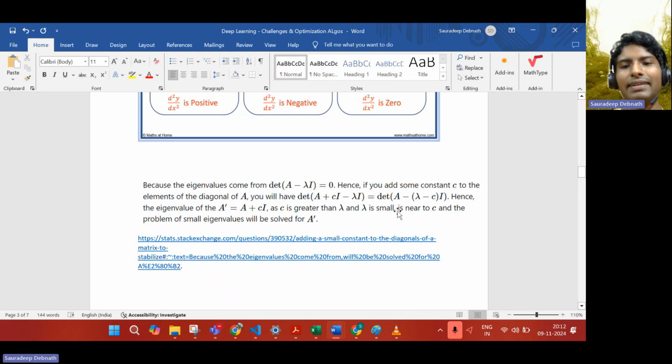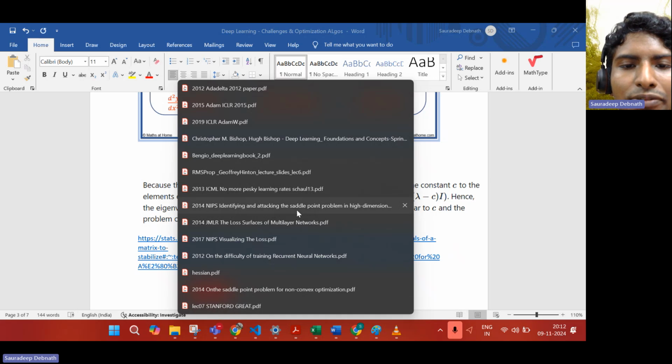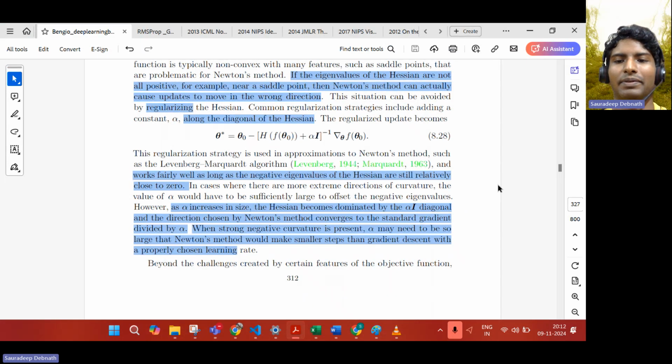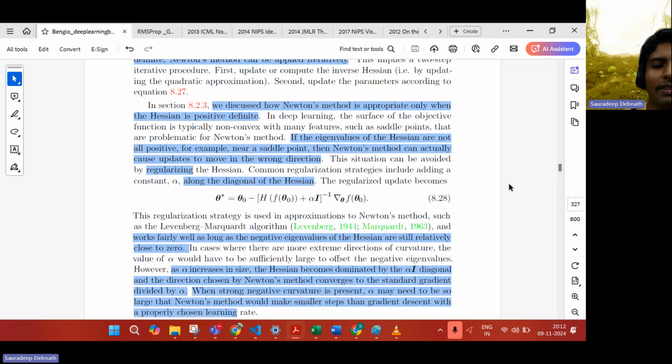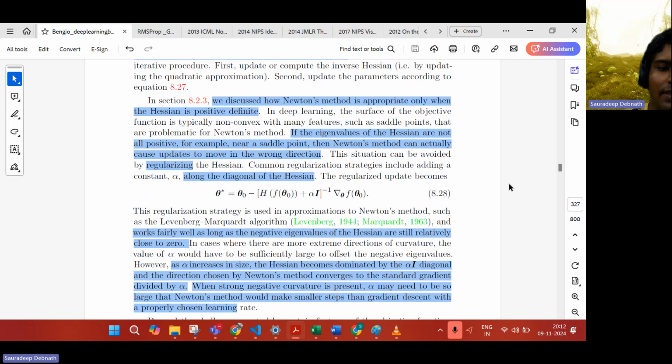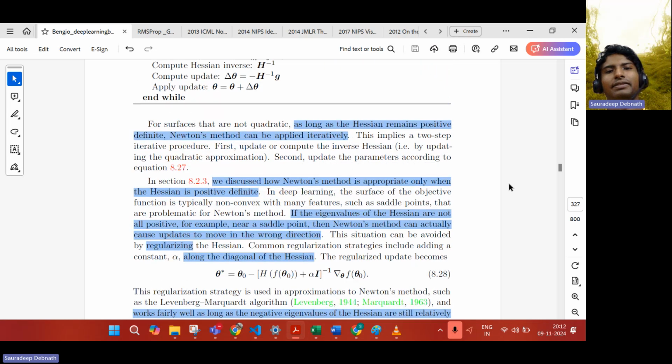Now, if we add a diagonal matrix to the original matrix, it becomes A plus cI minus lambda I. As a result, the eigenvalues are greater. So by adding this identity to Newton's method, Newton's method can work even in case of saddle points, as long as the negative eigenvalues are not too high.